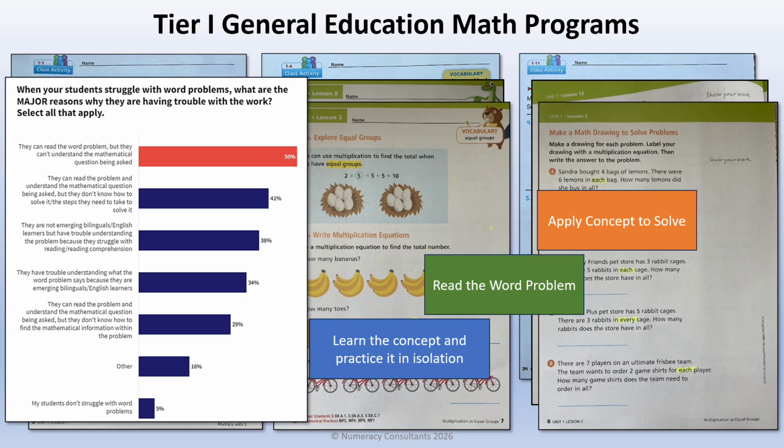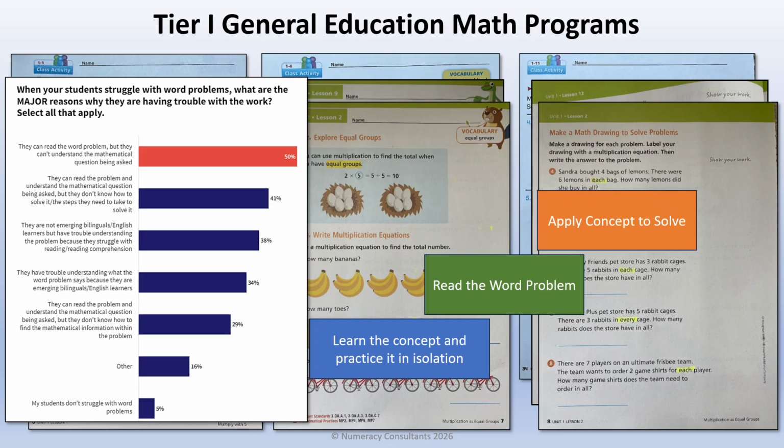But when you go through and look at surveys, and this is from one of the pieces of research that we looked at, it asks: when your students struggle with word problems, what are the major reasons why they're having trouble with the work? And the first one says they can read the word problem, but they can't understand the mathematical question being asked.